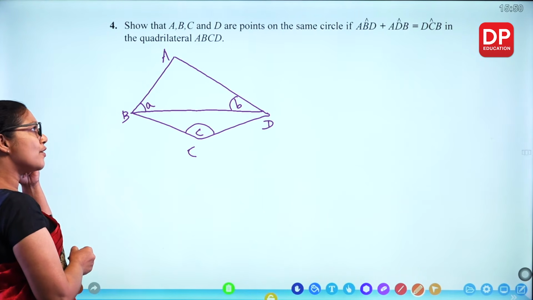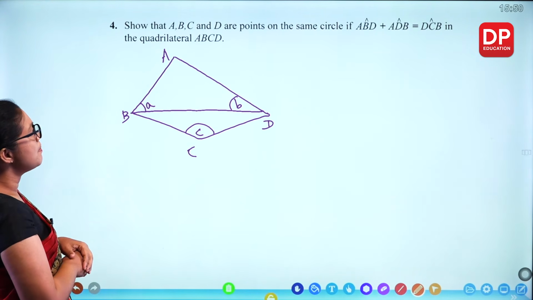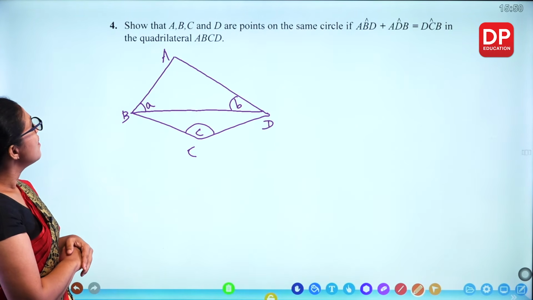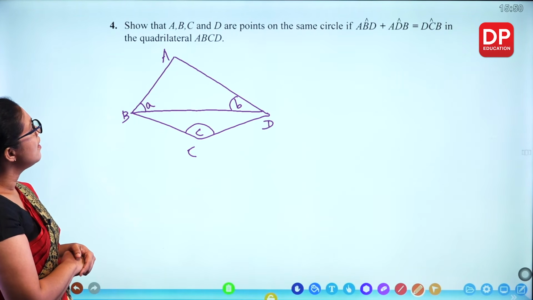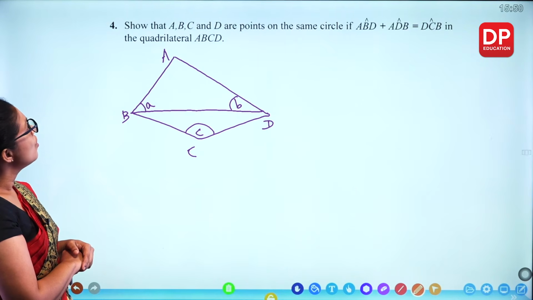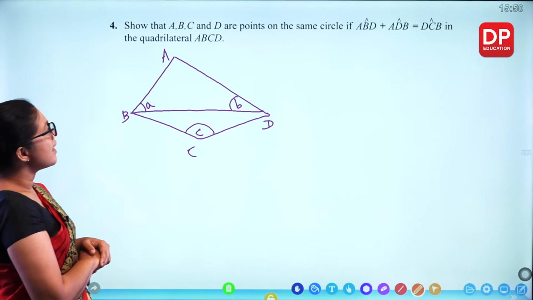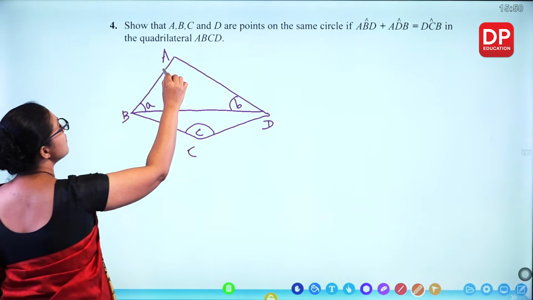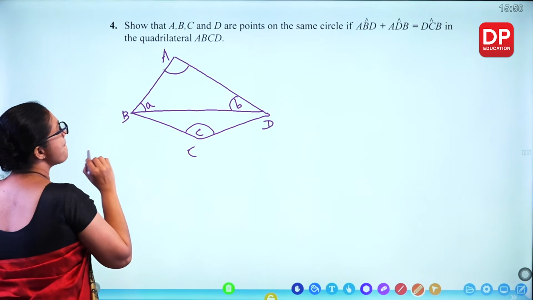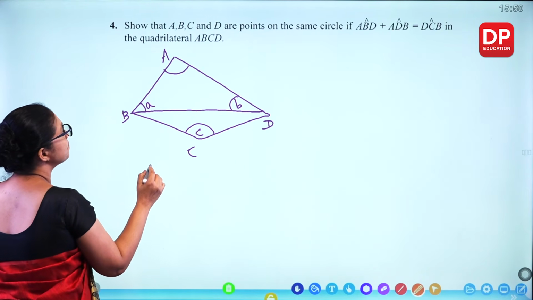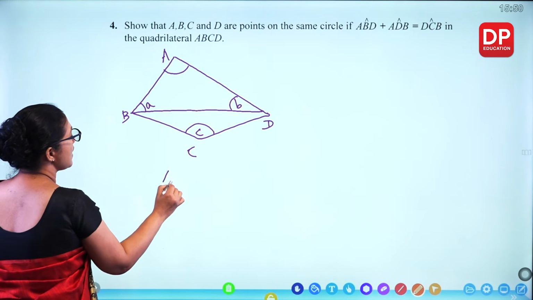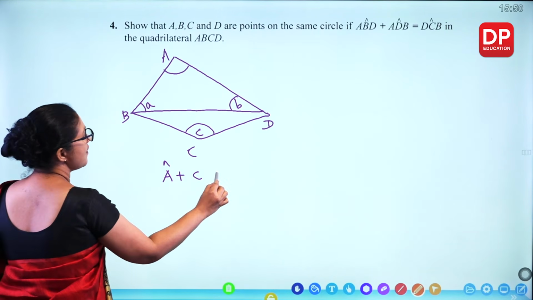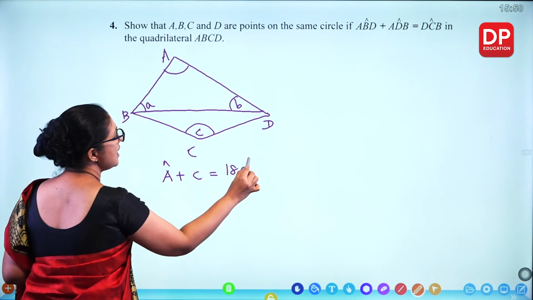Now we need to find out the relationship: A plus B is equal to C. So we need to show this is a cyclic quadrilateral. We'll find out this angle first. A angle plus C is 180.